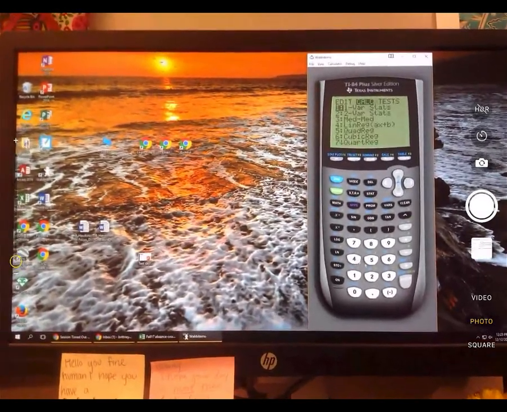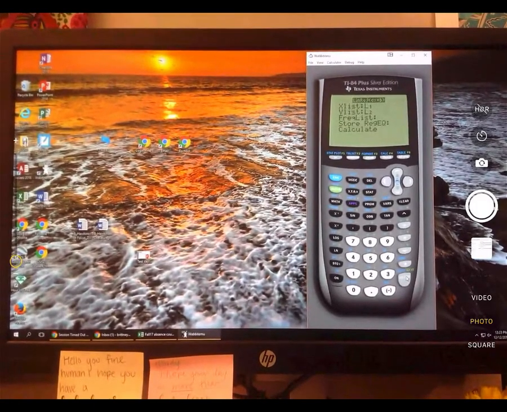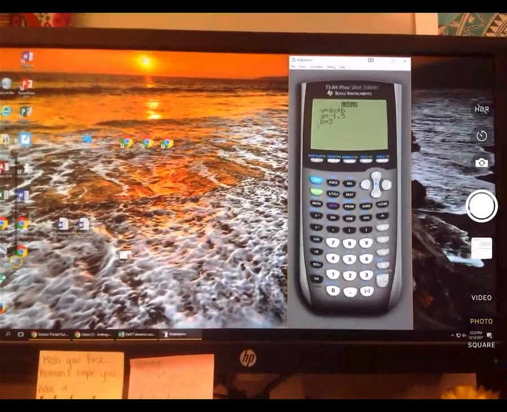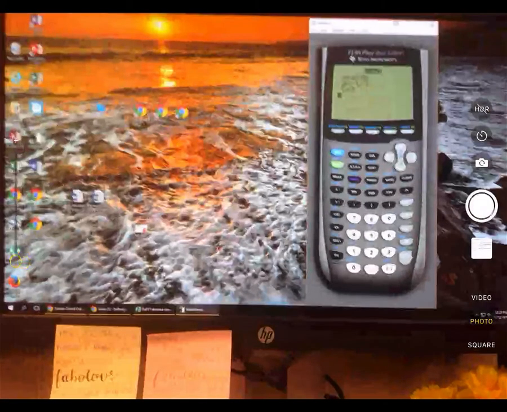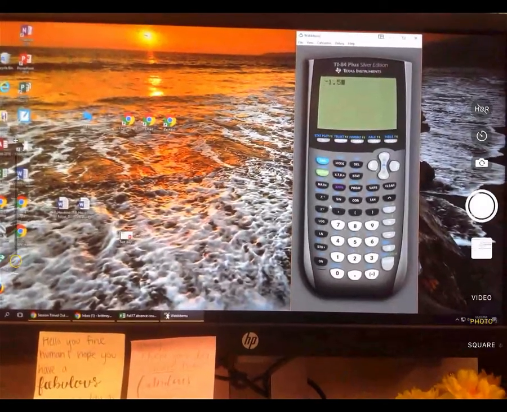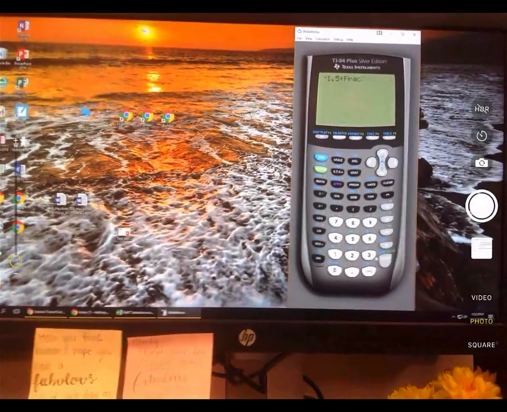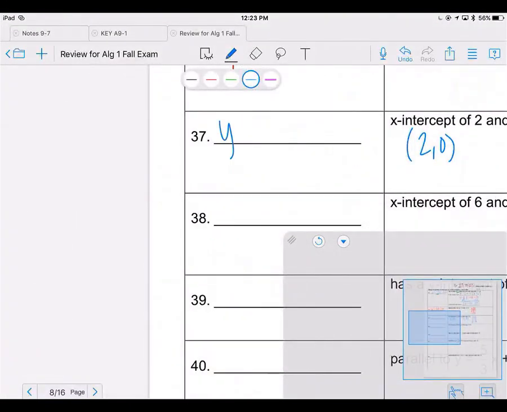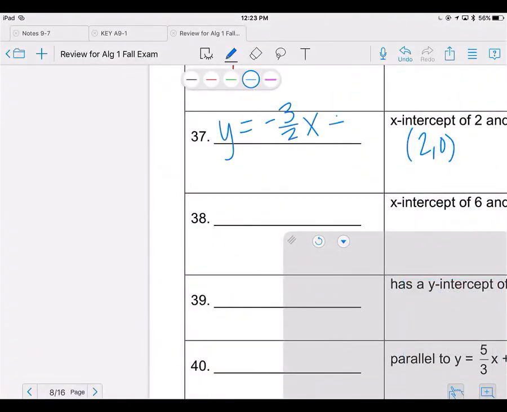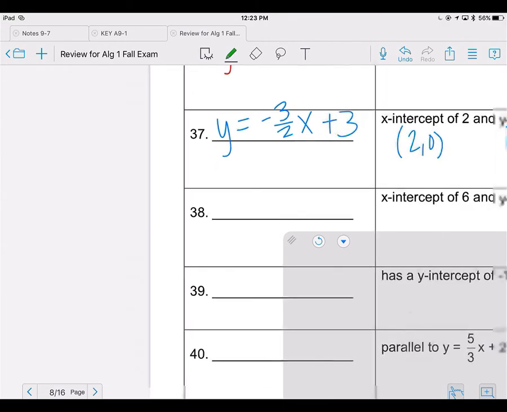Stat, calc, 4, enter, enter, enter, enter, enter. And we get negative 1.5 and 3. Before I get off this, I want to remind you, you can retype negative 1.5, math, enter, enter to turn it into a fraction. So if we want to leave it as a fraction, we have negative 3/2 x plus 3.